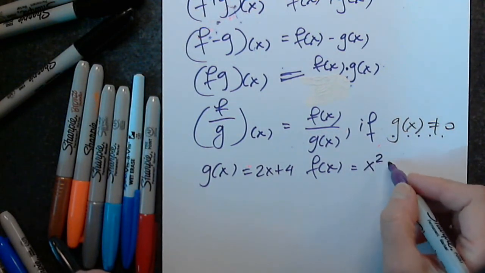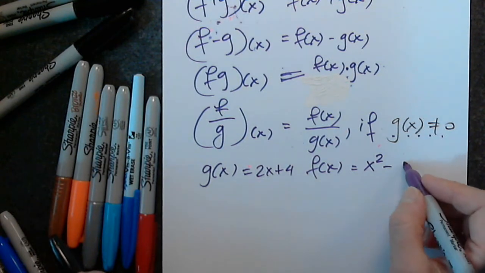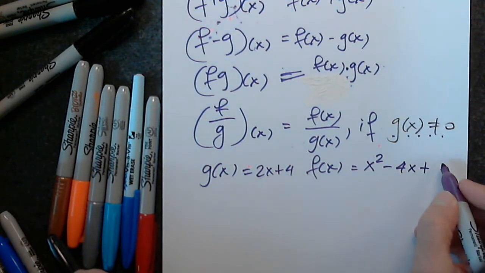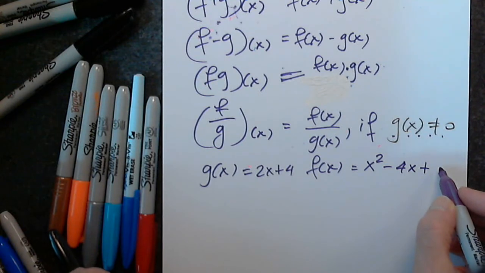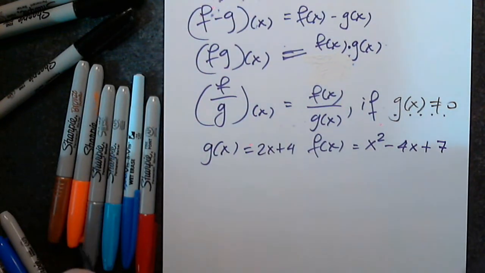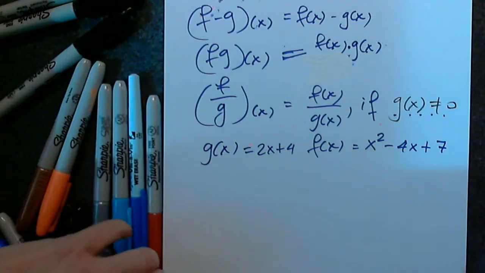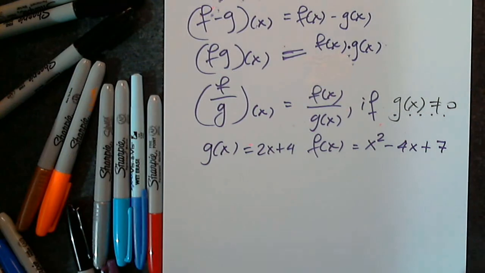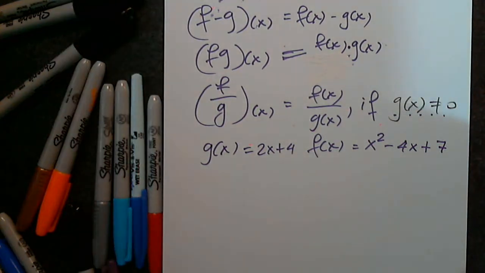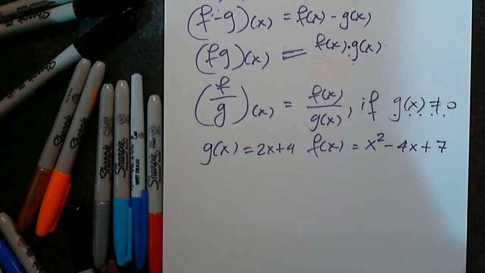Okay, let's say x squared minus 4x plus 7. Okay, so this is what type of function? Quadratic, and this one is? Okay, everyone knows that for sure. Good. Okay.